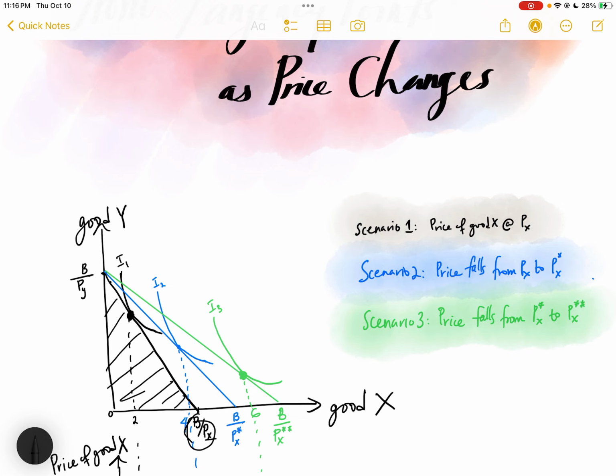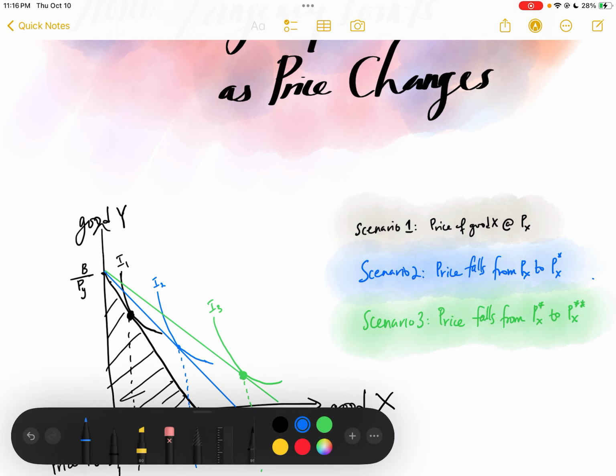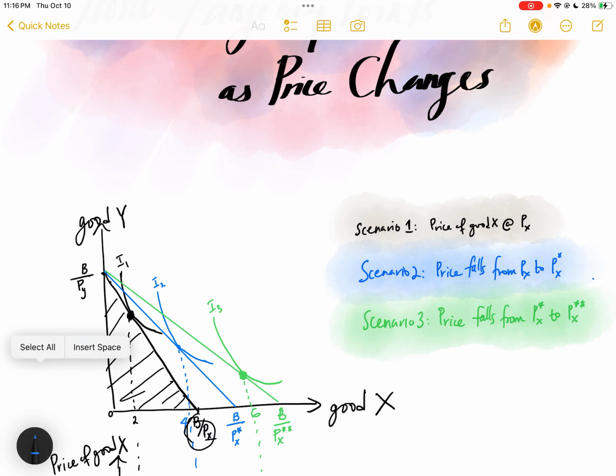Scenario 2, the price falls from PX to PX star. The price falls, so this good has become cheaper, right? So the area we can afford has expanded to be the entire area under the blue line. And I will shade that entire area. Do you see it?